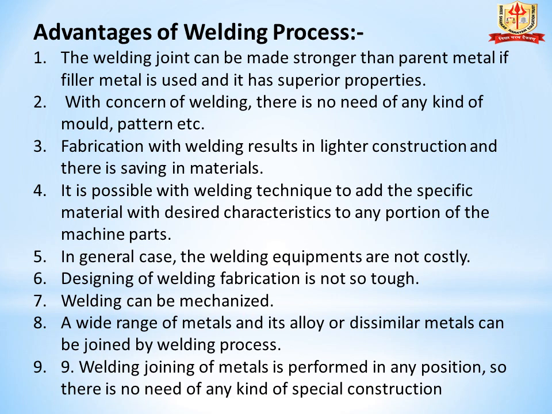Fabrication with welding results in lighter construction, and there is a saving in material also. Point number 4. It is possible with welding techniques to add specific material with desired characteristics to any portion of the machine parts.